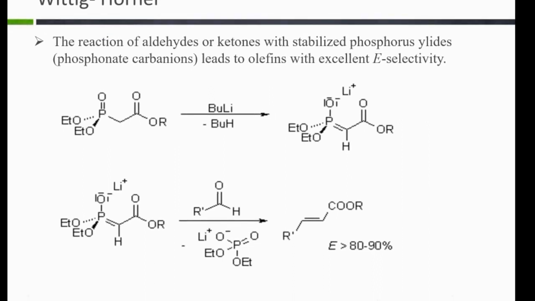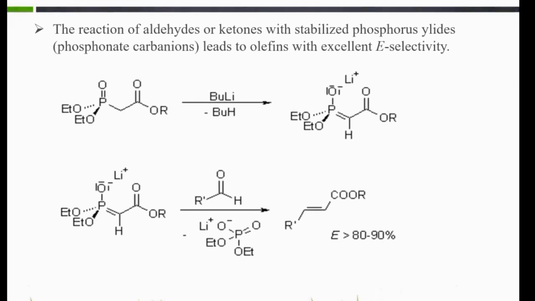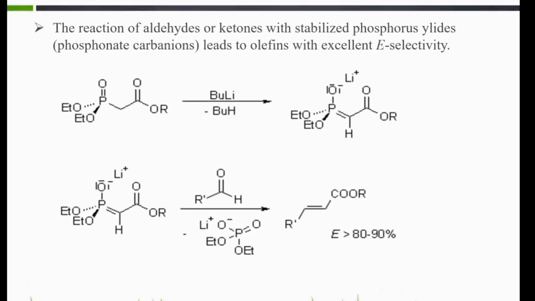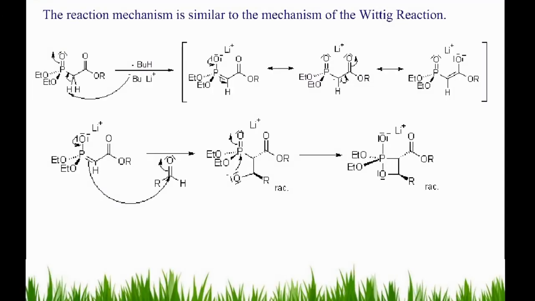Wittig-Horner reaction is the reaction of aldehydes or ketones with the stabilized phosphorus ylide. If you recall, in one of the classes we discussed the synthesis of carbanions, and we discussed the Wittig reagent and Wittig reaction. So the Wittig reaction is the mother reaction of the Wittig-Horner reaction.